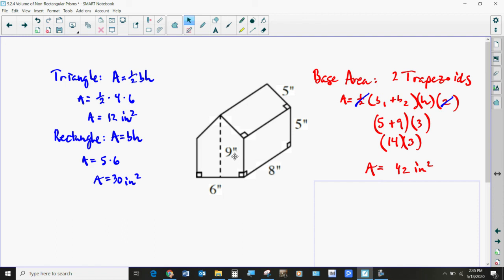But once you get into high school and you get into the application of this kind of math, once you get older and maybe you've got construction work or whatever job you have that might be math related, you've got to know how to deconstruct this area into shapes that you recognize, whether it's a triangle and a rectangle or trapezoids, and figure out what the area of the base is on your own. But in 8th grade, for the most part, we'll be focusing on rectangles, parallelograms, triangles, and circles as your bases. So it'll be relatively simple, relatively.